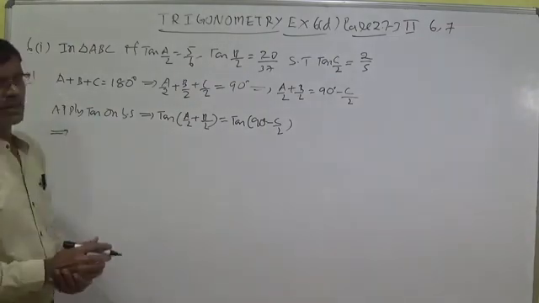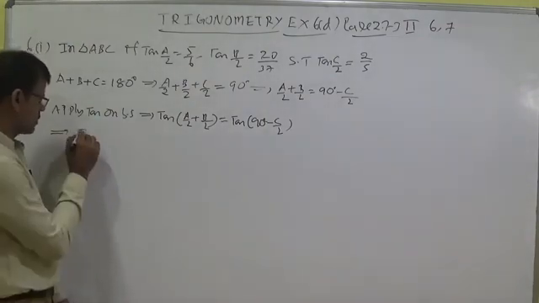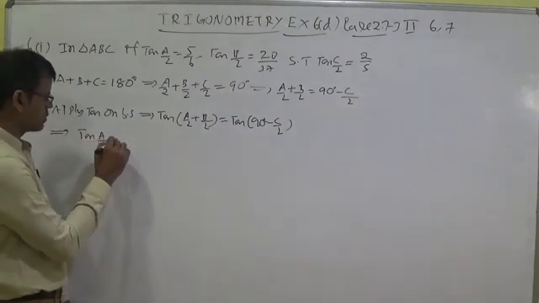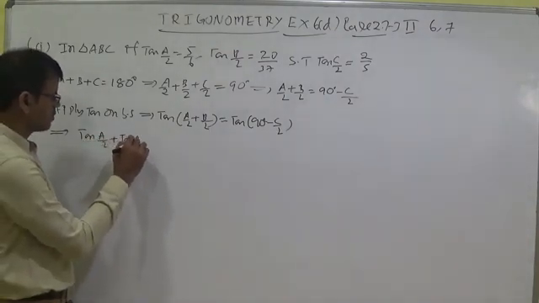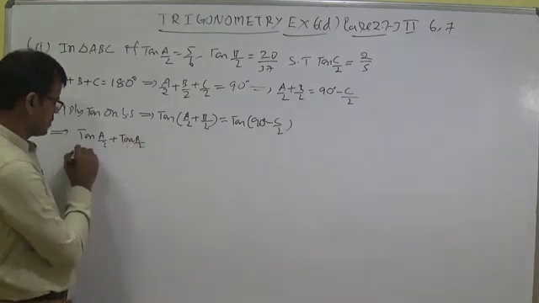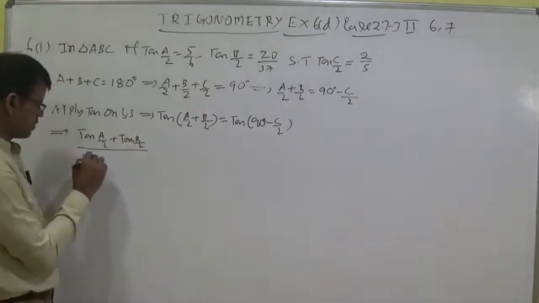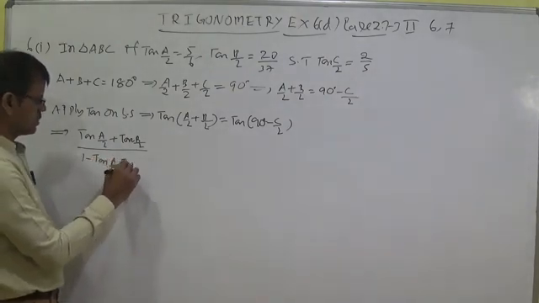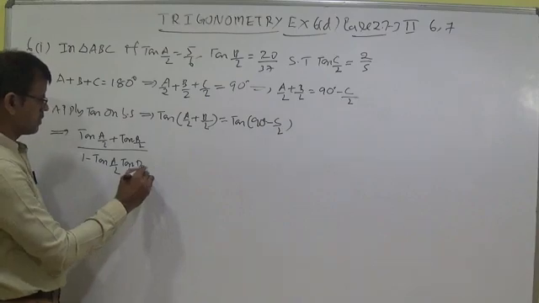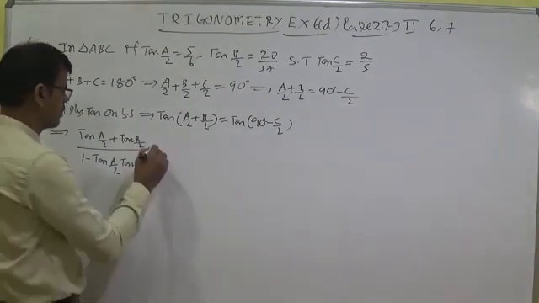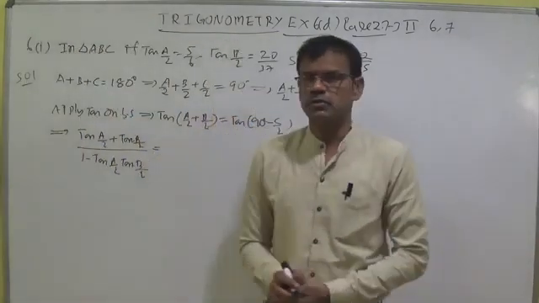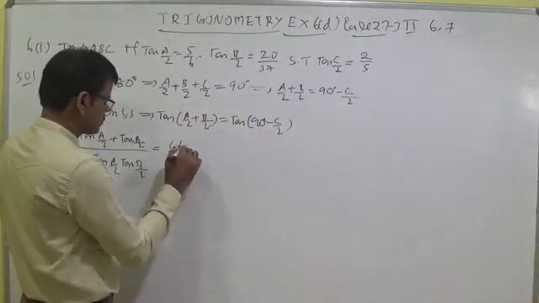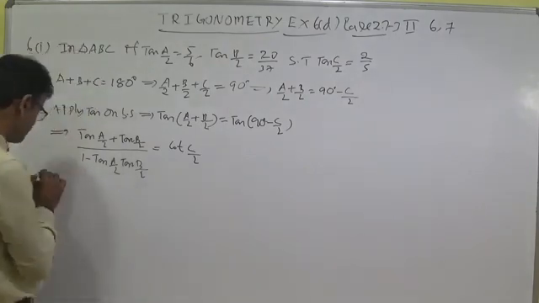Use the formula tan of (A plus B) is tan A plus tan B by 1 minus tan A tan B. So this is tan A by 2 plus tan B by 2 by 1 minus tan A by 2 into tan B by 2 is equal to tan of 90 minus theta, which becomes cot theta. So this is cot C by 2.